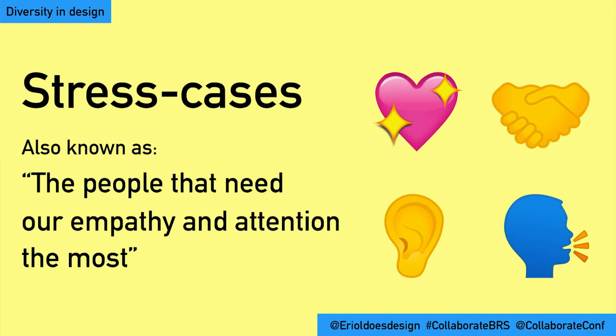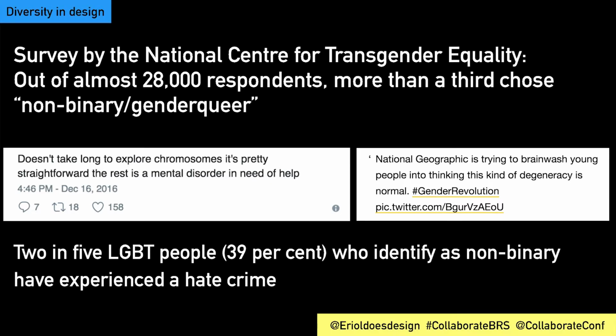And I'm glad that we're moving more towards a terminology around stress cases, so people that need our empathy and attention the most. Again, lots of people ask me at the end of this talk, I'm having trouble selling this idea into the company. There are always people that will need convincing, and there are several ways in which you can convince them. Loyalty is one thing.